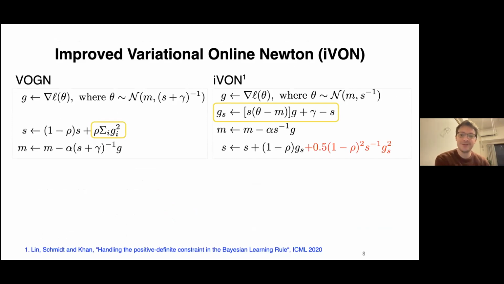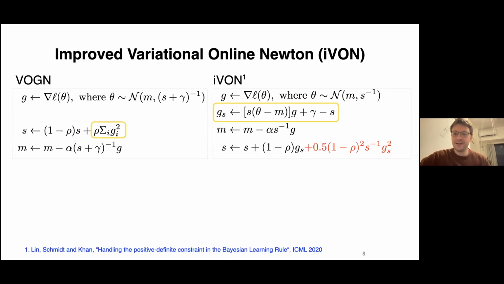So Wogen we derive from the Bayesian learning rule, and this I1 we derive from the improved Bayesian learning rule. The difference, highlighted in green, is that we replace the squared per-example gradients with a reparametrization trick estimator of the diagonal Hessian matrix. And this works because of the red correction term, which ensures that even if the Hessian is maybe not positive definite, or the reparametrization estimator is a bit noisy, it still ensures that this S vector stays positive.